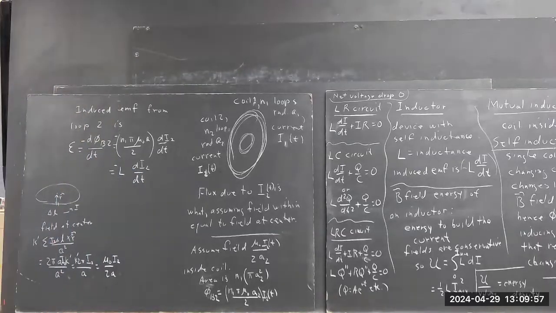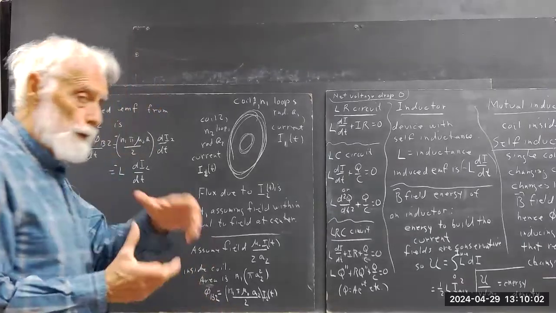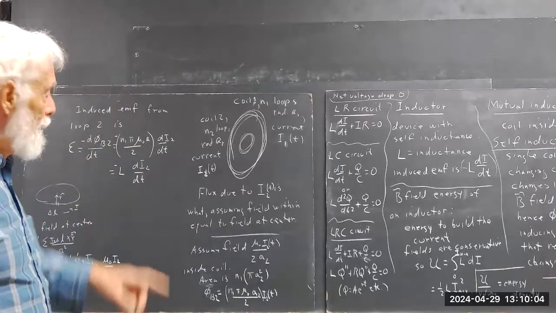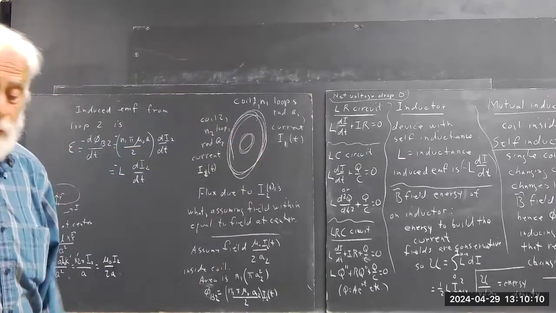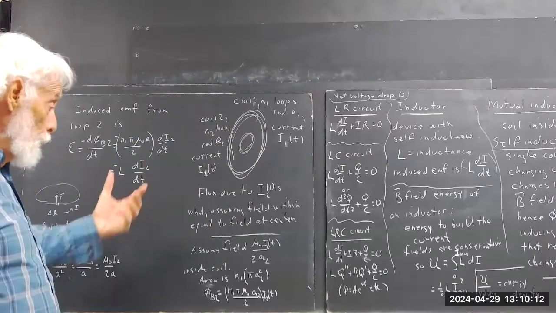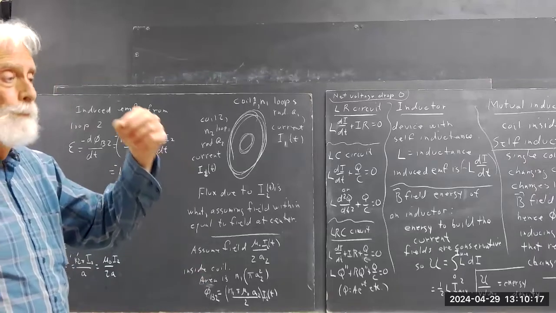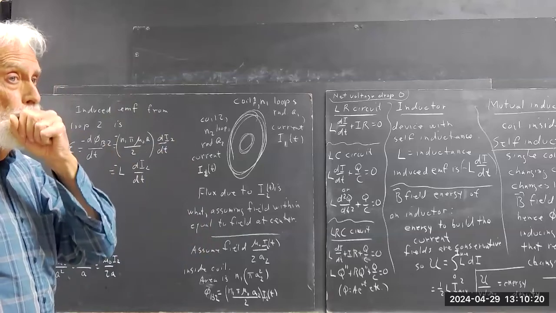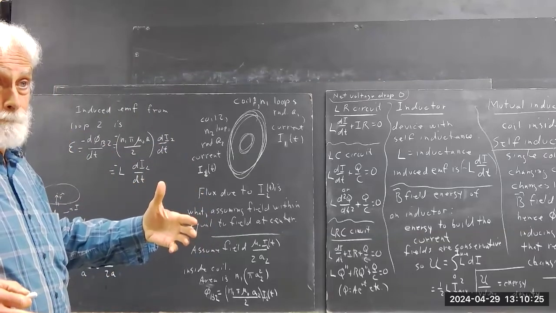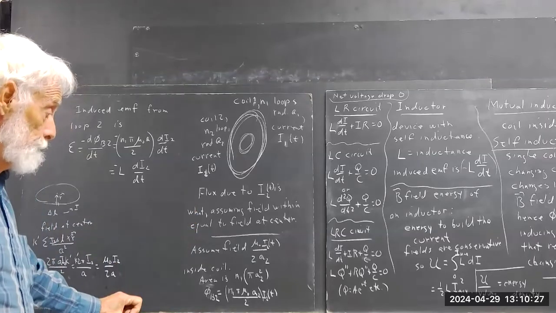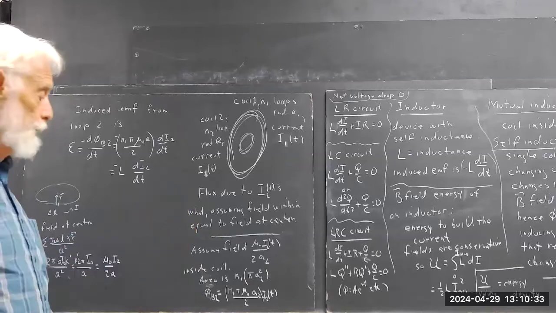All right, that's pretty straightforward, if we understand the induced EMF is the rate of change of flux. It's not accurate if you actually take it into the lab and measure it. It's going to be lower than that because the field is not uniform inside the coil. The field is greater at the center. It doesn't fall off all that much until you get really close to the coil.